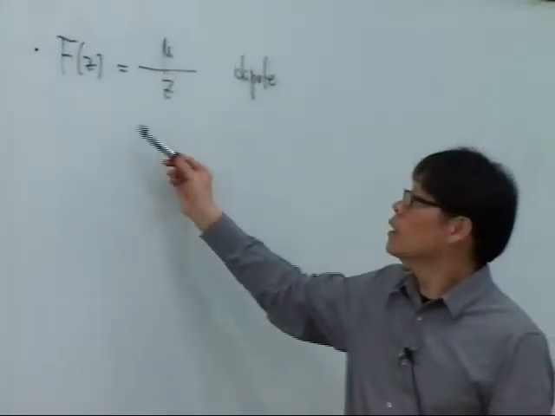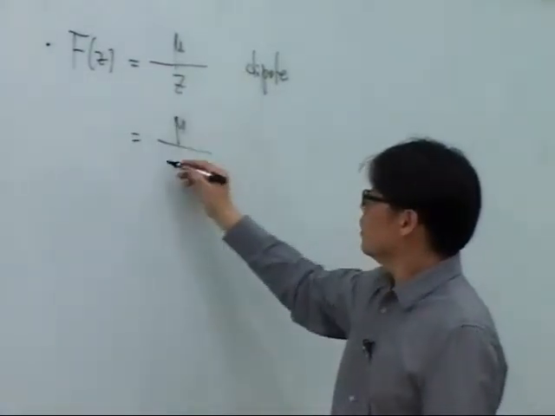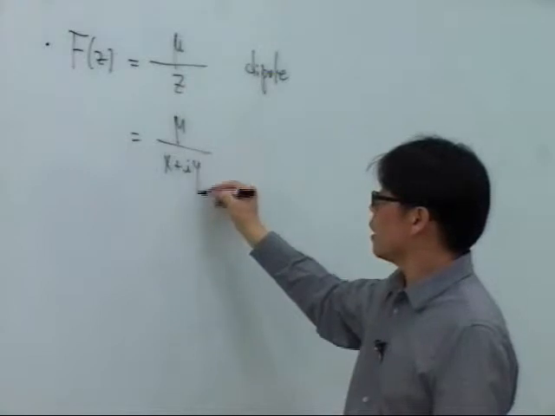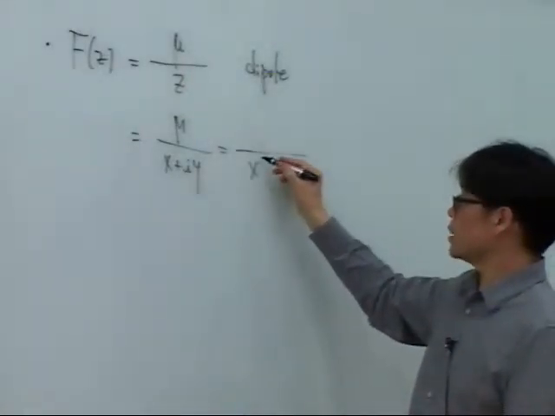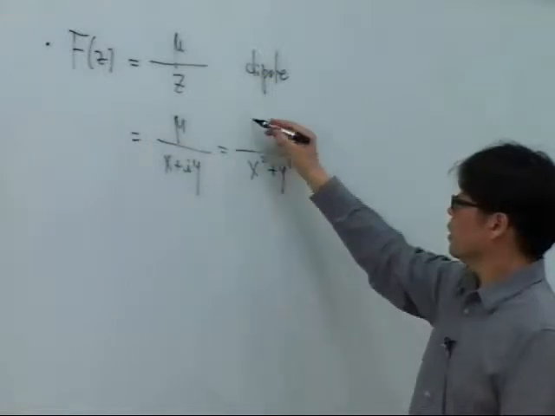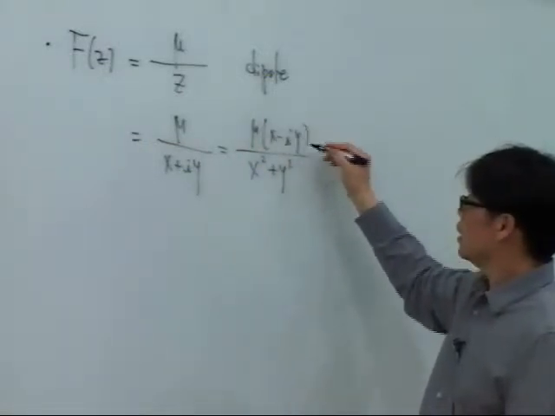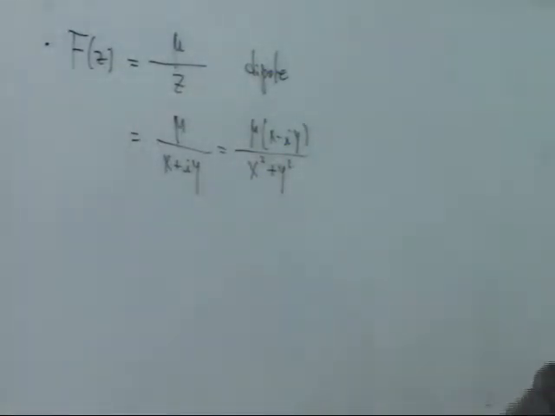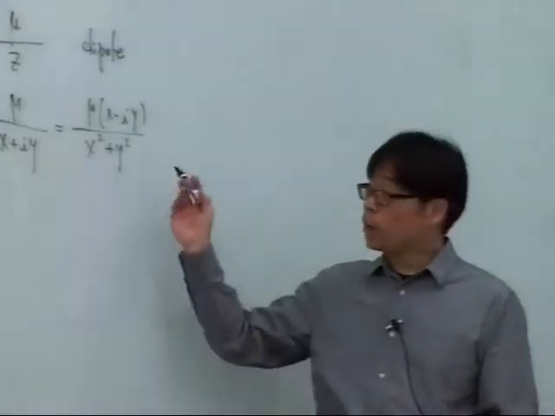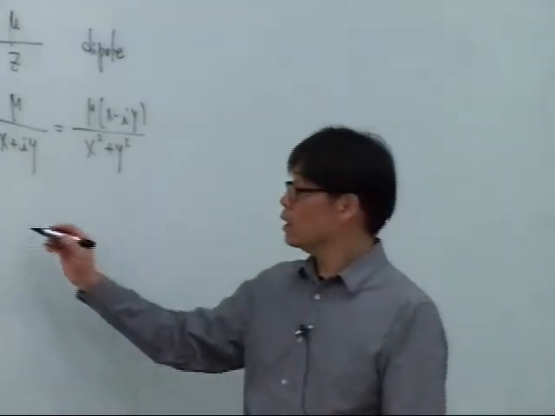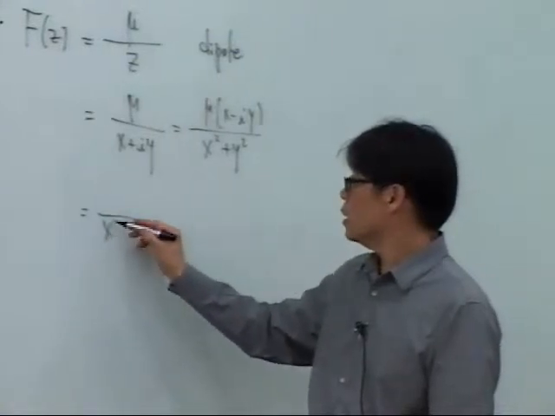Okay? So once again, this is mu over x plus iy. And then I can write this as x squared plus y squared by multiplying the denominator and numerator by x minus iy. And then I can collect the real part and imaginary part.